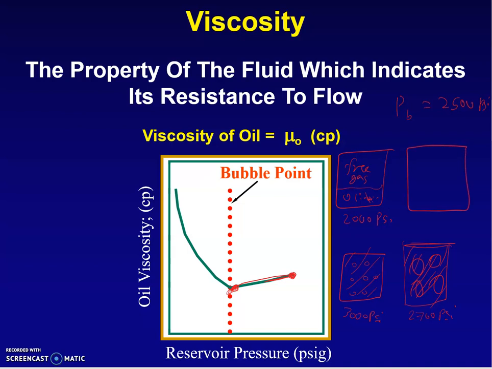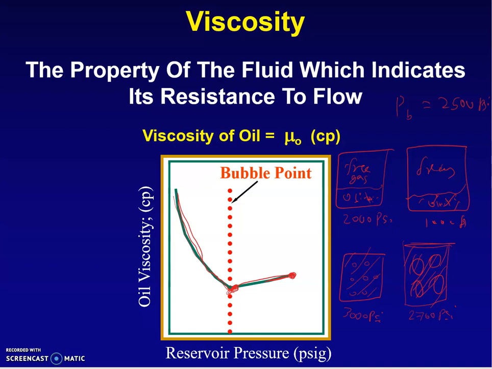With a further drop in pressure, there is more free gas, and again the oil is heavier, even heavier than at 2000 psi because it lost more gas. And the heavier the oil, the higher the viscosity. So you see how exponentially your viscosity goes up as the pressure drops because your oil loses gas.